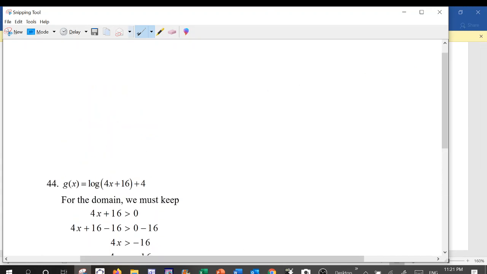What is the domain of this? What is the transformation? So we are talking about what again? Log base 10 of x, which looks like this, right?